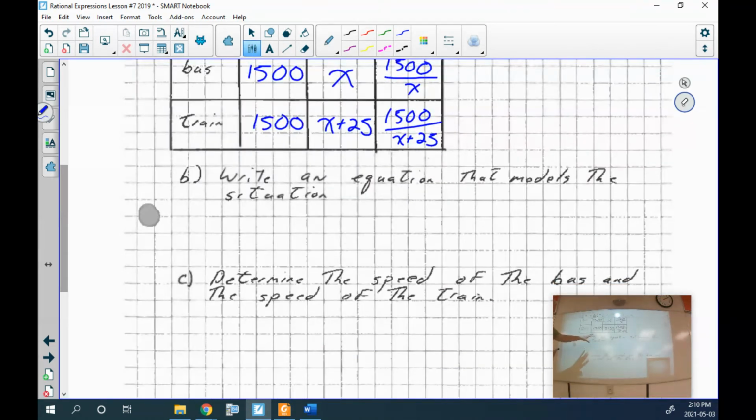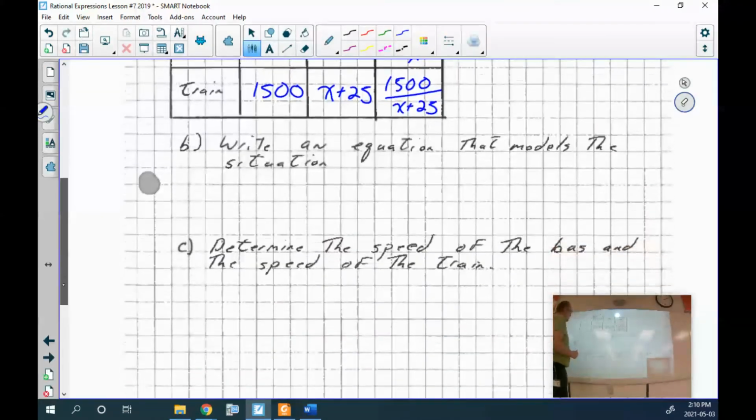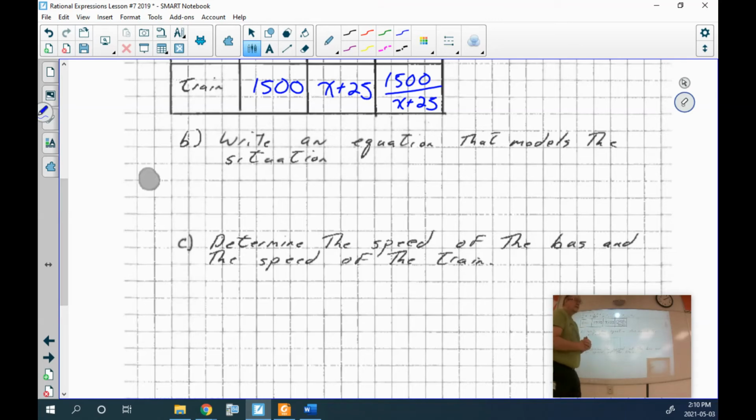Now, to write the equation. Okay, so we know that it will save them 3 hours traveling by train. So that means the train will take less time. There are several ways to set this up. We have to think about it. The train is going to take less time.